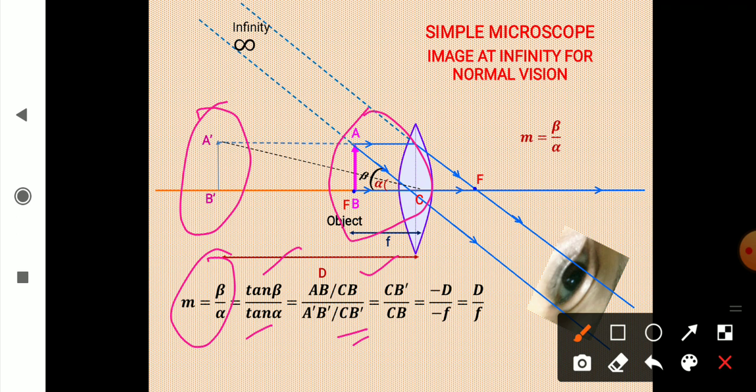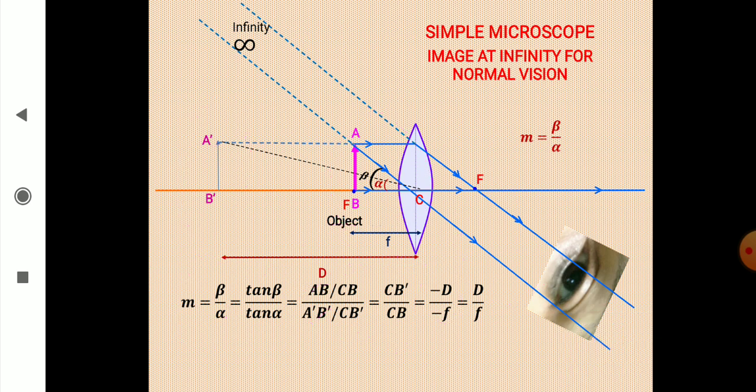And from here you can see that A dash B dash is equal to AB by construction. So these are cancelled out. CB dash goes up, CB comes down, and this CB dash is equal to minus D, and CB is minus F. So this is equal to D upon F.